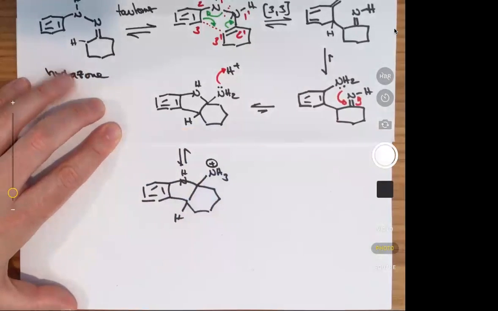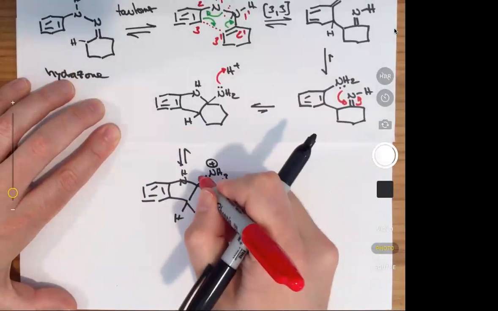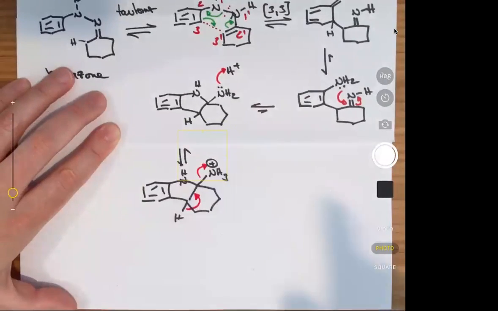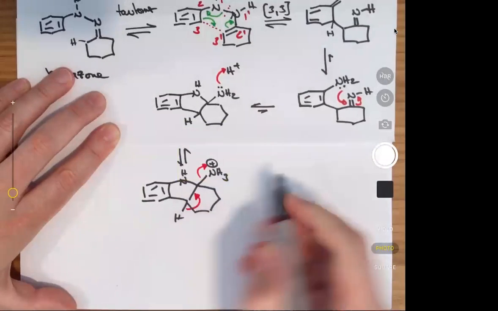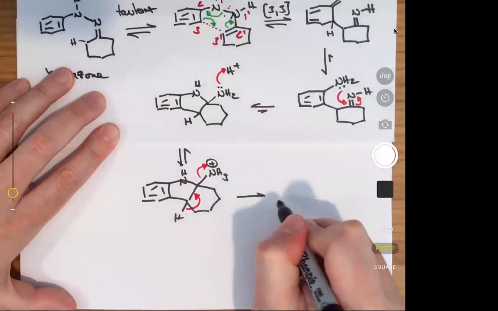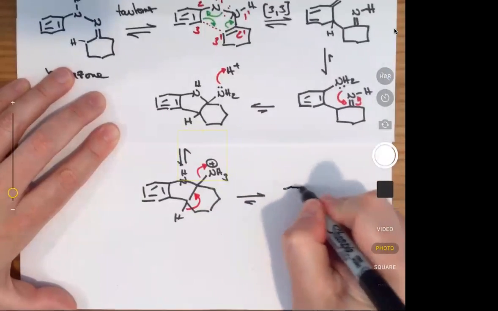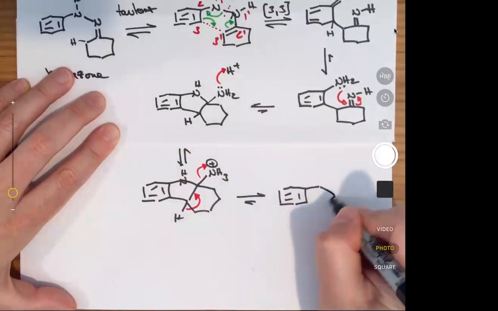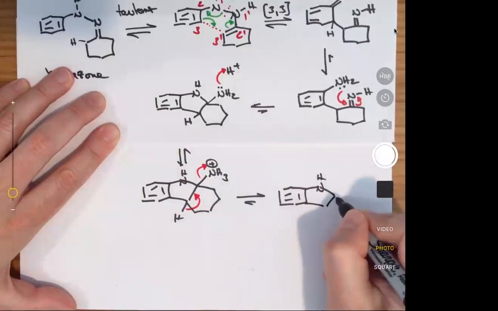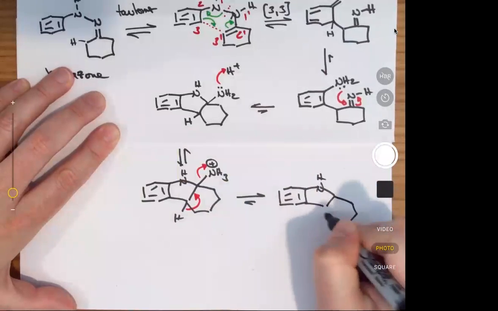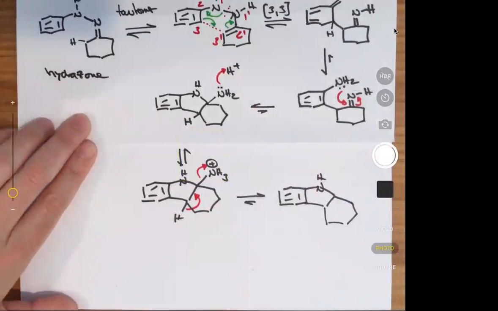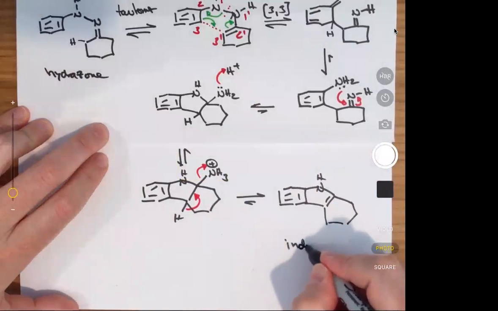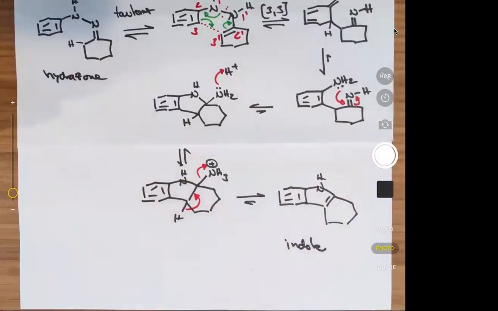Now this is a pretty good leaving group, or we made it a pretty good leaving group. We can kick this out and basically do an elimination here that leads to the last double bond that you need for your indole. NH. And then your 6-membered ring. And that's basically the indole structure that we had at the beginning.